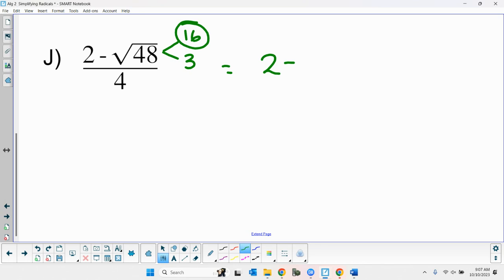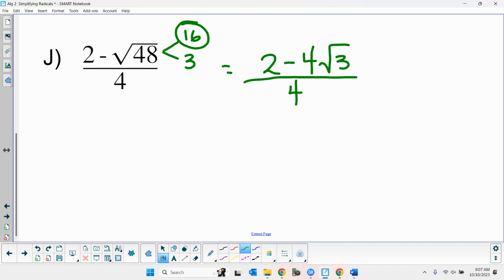What's that? Square root of 60. Right. You guys see that? Is that finished? Gavin?